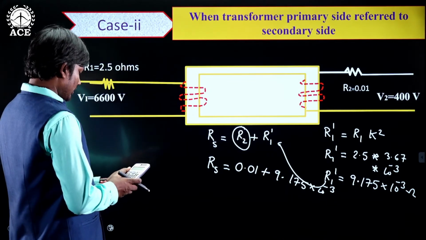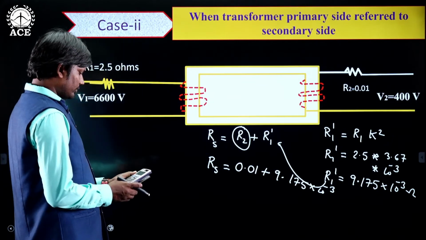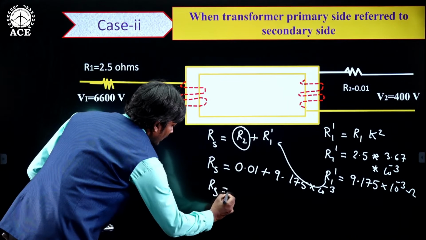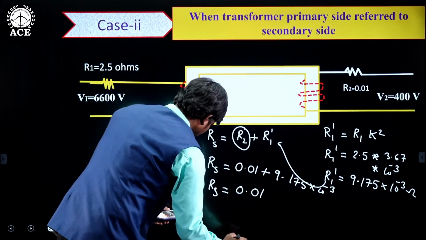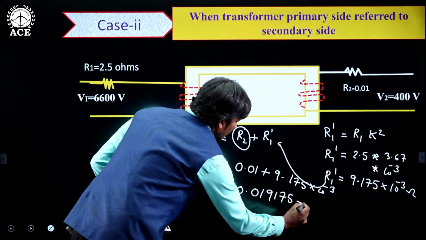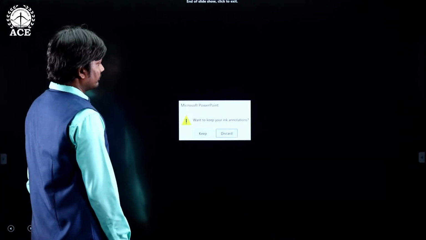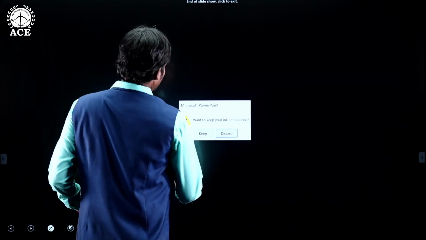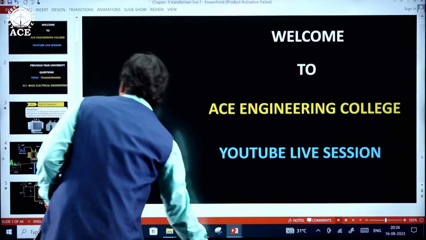Rs will come to 0.019175 ohms. Okay, note down this one.